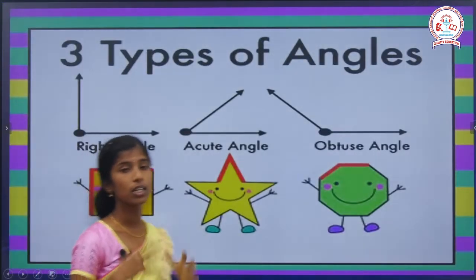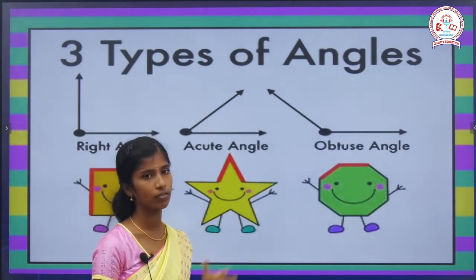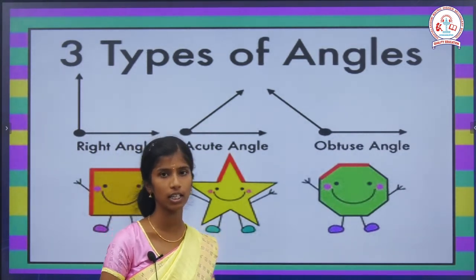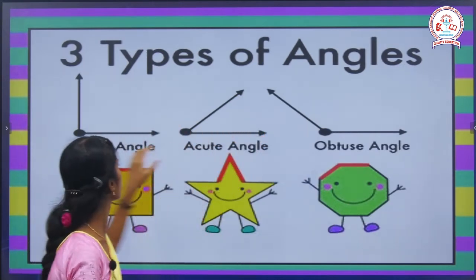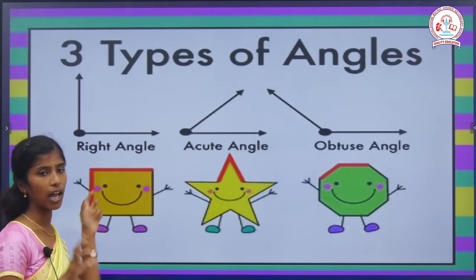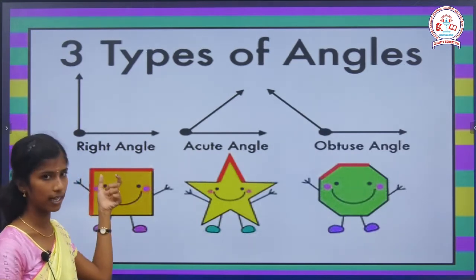Before going to study the next three triangles, if we have this knowledge, we can easily understand the other three triangles. The three types of angles. See right angle. If the angle is exactly 90 degree, that is called right angle.